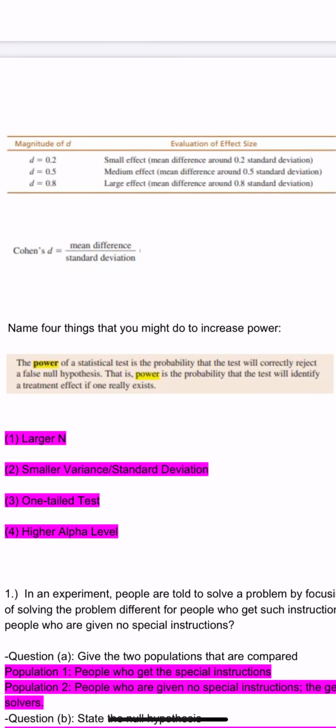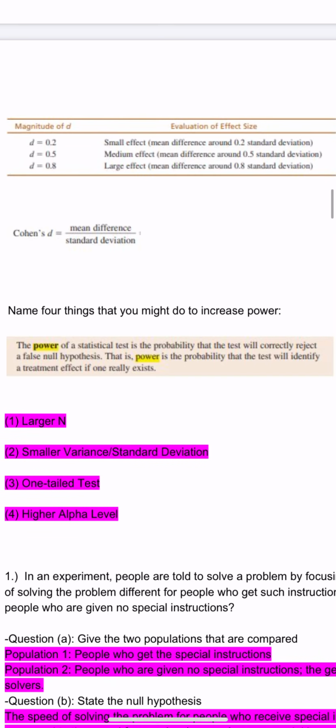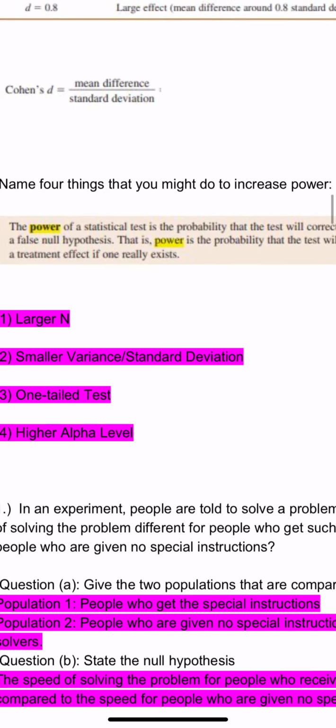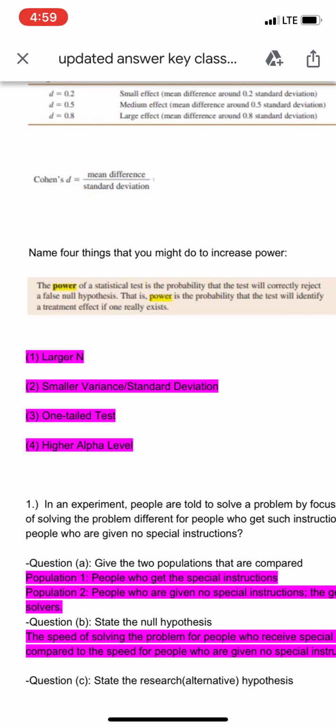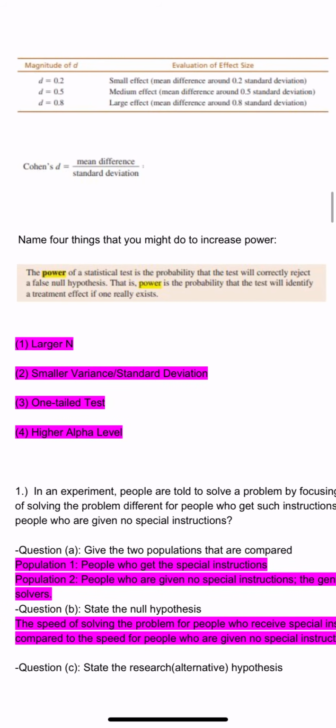The power of a statistical test is the probability that the test will correctly reject a false null hypothesis. That is, power is the probability that the test will identify a treatment effect if one really exists. A good way to get that is to have a large sample size, a larger n, and to compare it to a smaller variance.